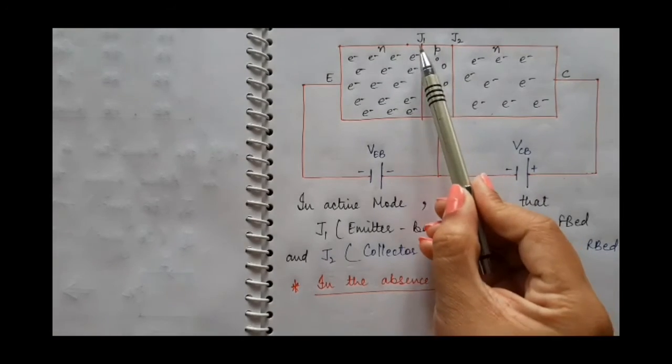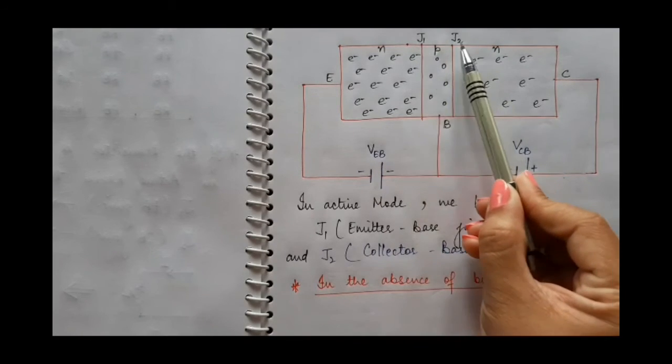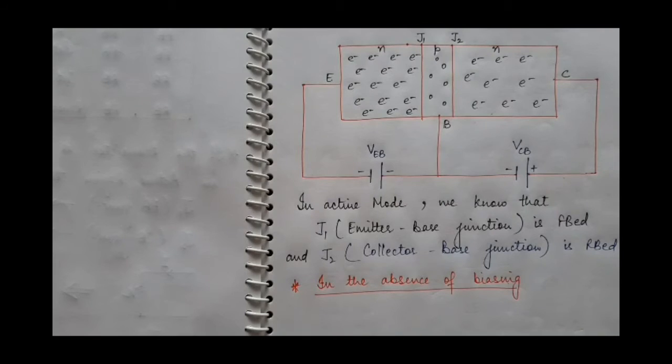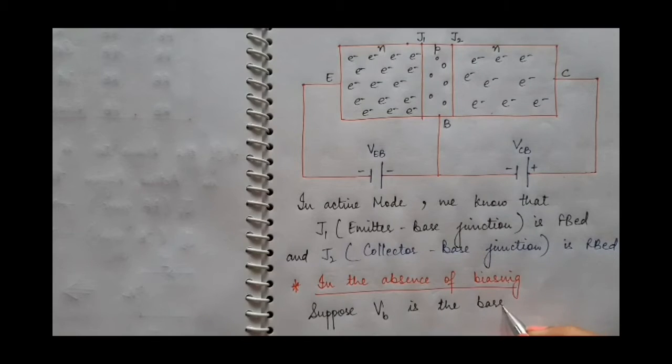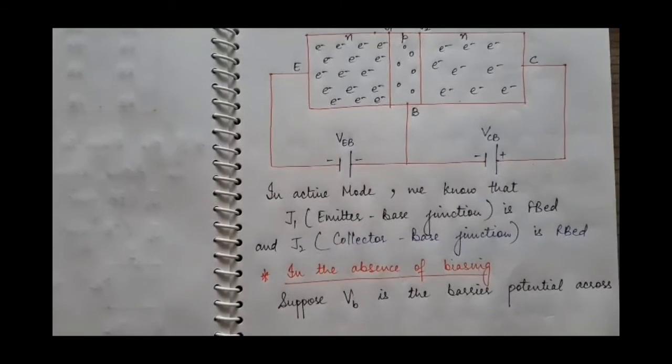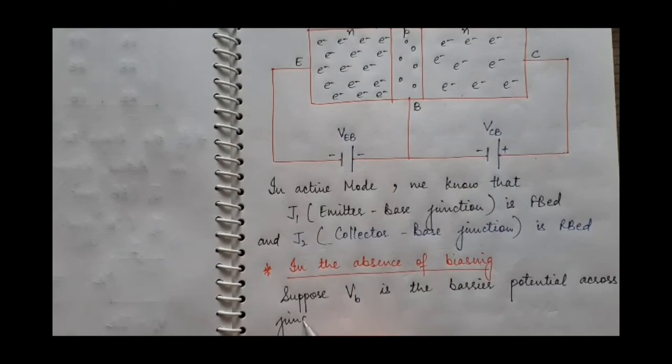So there will be a potential barrier across junction J1 and across junction J2, and suppose that potential barrier is equal to VB. So in the absence of biasing, suppose VB is the barrier potential across junctions J1 and J2.